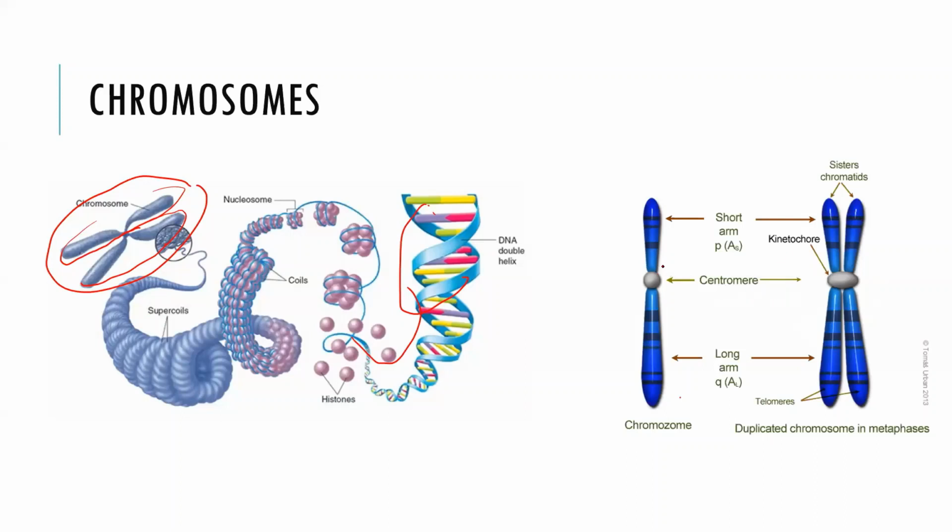You have a part called the centromere. During duplication, the two strands are attached together by the centromere. The centromere is genetic material. Around this, there is a protein structure, called a kinetochore.